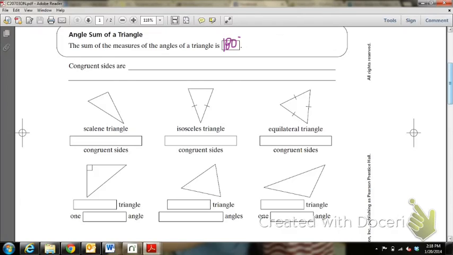So congruent sides are sides that are the same length. Okay, so a scalene triangle, and then we mark congruent sides. These mean that these are congruent.